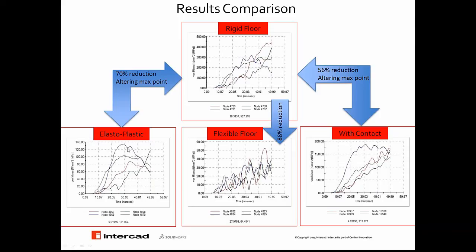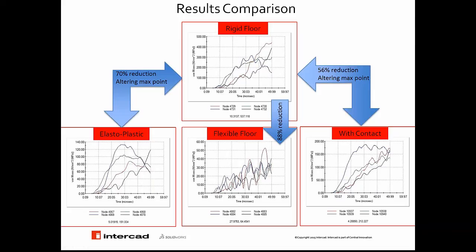So not only is the magnitude of stress changed, but we also have an alteration of the highest stress point. So it's an absolutely different perspective of the result in our simulation, just by considering the plasticity, or nonlinearities, of the material.